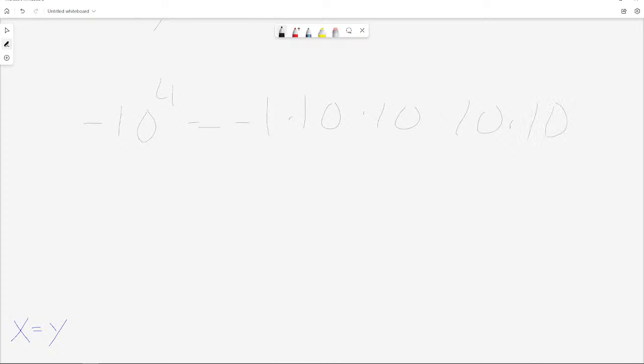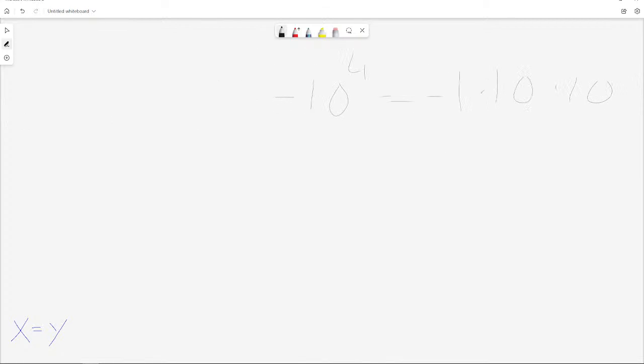And how many zeros? 4 zeros. Well, 10 times 10 is 100. So 4 zeros gives us 10,000 times negative 1. It's going to be negative 10,000.